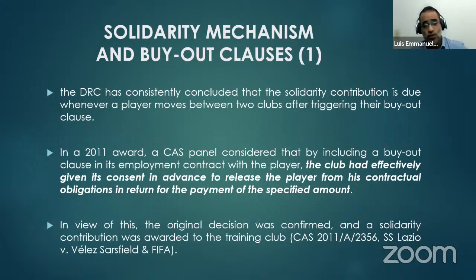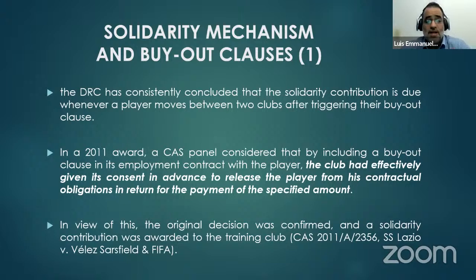In other words, if there's a buyout clause in place in a contract between a player and a club, if the new club pays in full that buyout fee without condition, then solidarity compensation is due to the training clubs. Every time buyout clauses are complied with, it generates solidarity mechanism. That's important to keep in mind.